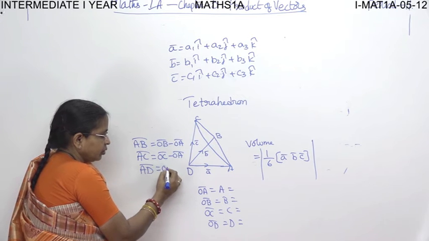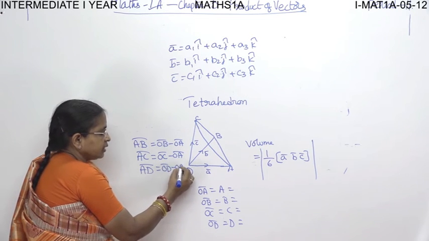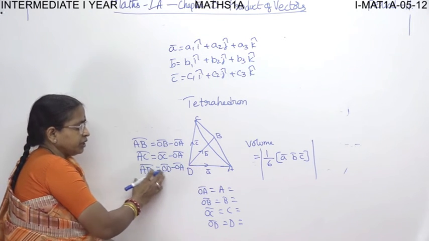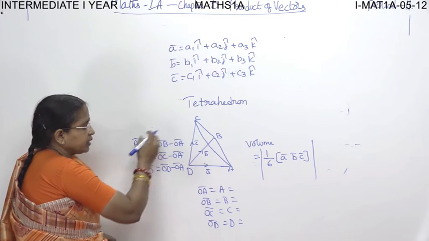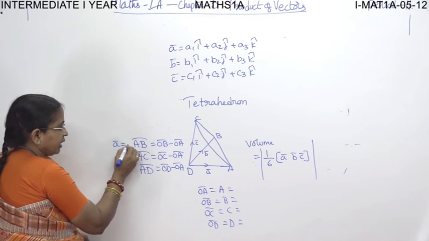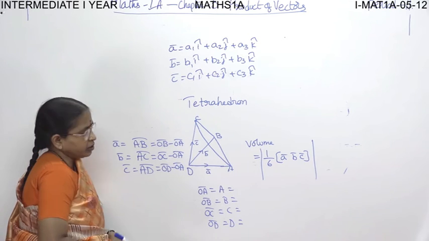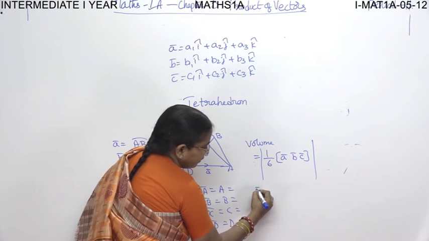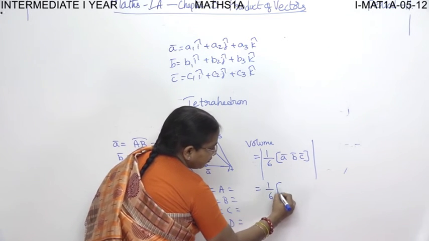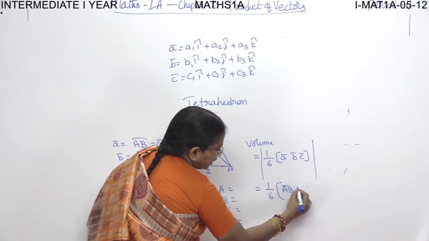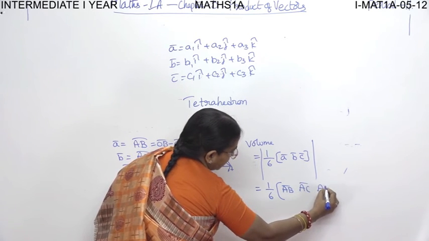AD is OD minus OA. So like this you convert the four points into three vectors. Now they form the sides. So this is our A, B and C and then you apply the same formula. So when you are given the vertices, then the formula becomes 1 by 6 box of AB, AC, AD.